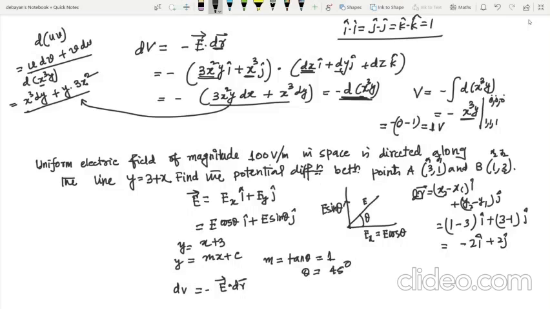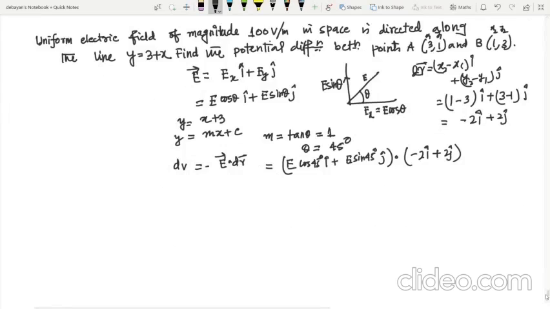And if we place that, the sin 45 and the cos 45 values are the same, so you will find the result that comes out, because cos 45 is 1 by root 2 and the value of E is 100. So you can write minus cos 45 plus 2E sin 45. Since cos 45 is the same, we can write the value of dV is equal to.